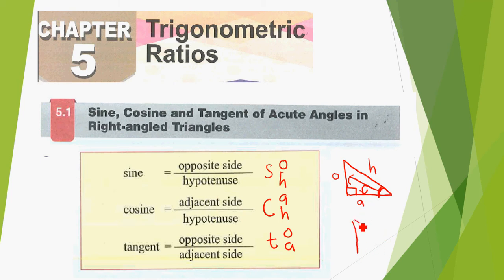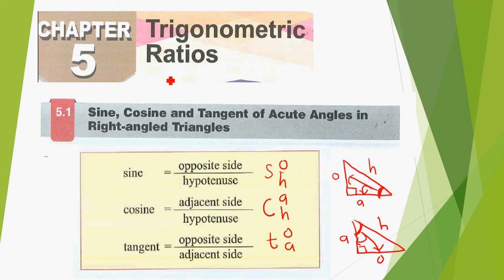If the angle is here, this will still be the hypotenuse, but the opposite will be here and the adjacent is here. I hope you can see the difference based on the angle.